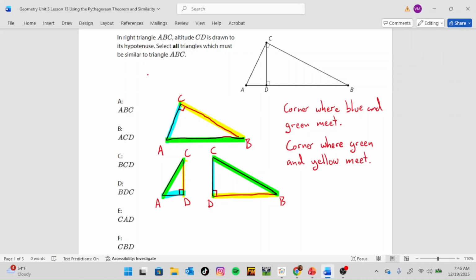And then in the original triangle, the last letter they used was C. And in the original triangle, that is where yellow and blue met.